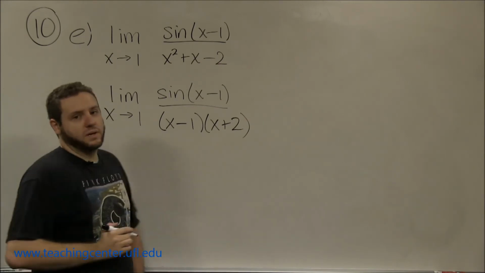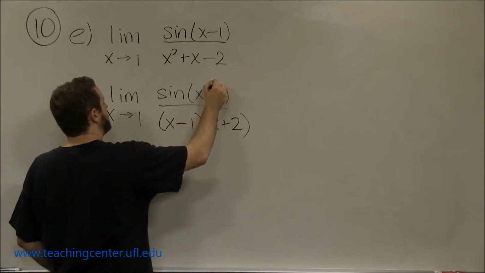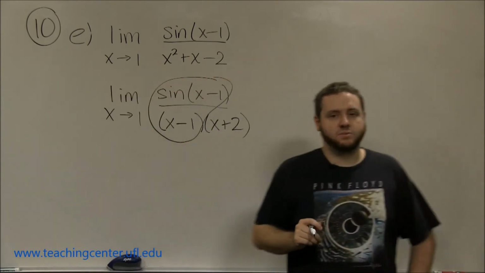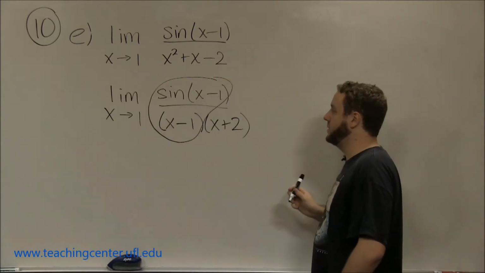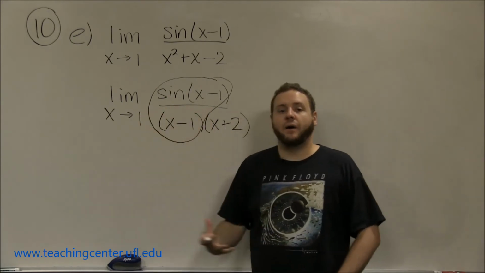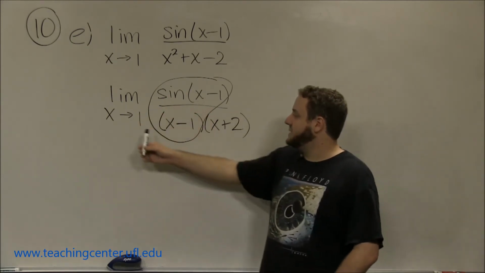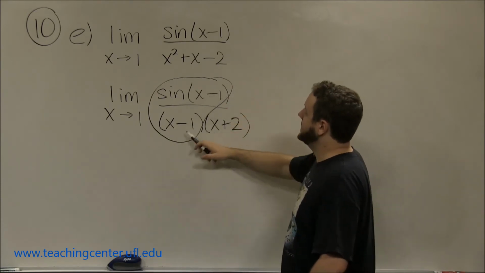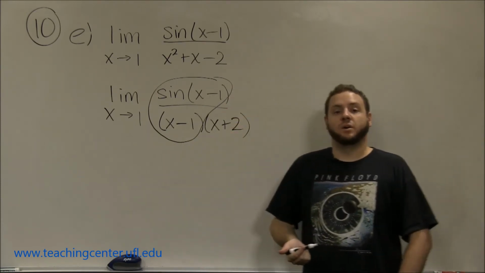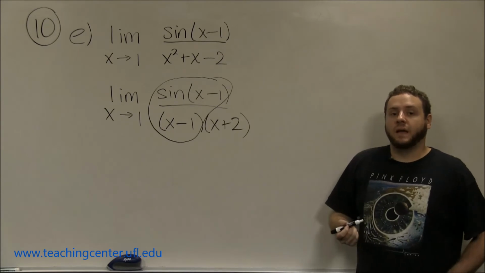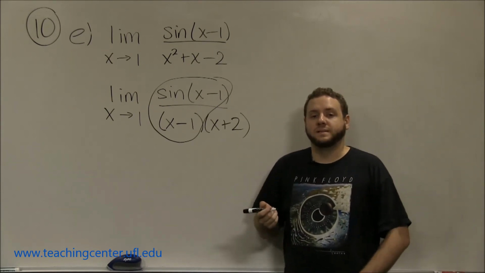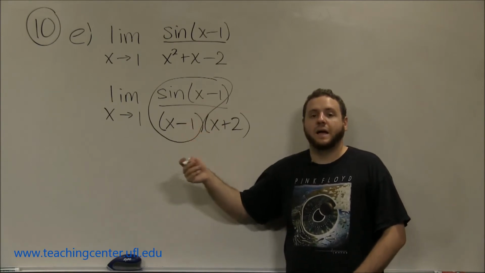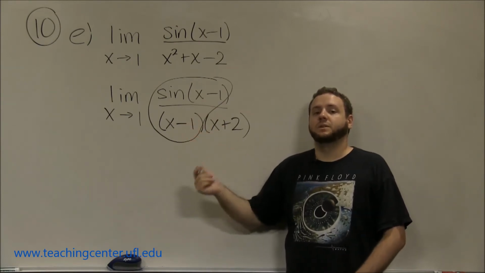So this is useful to us because if you notice, this part that I'm circling right here, sine of x minus 1 divided by x minus 1, this actually is our trig limit identity because since x is approaching 1, what we're taking the sine of and the denominator are both going to 0, and that's what we need to have in our regular limit identity, is that what you're taking the sine of and its denominator have to be equal, and those things have to be going to 0.